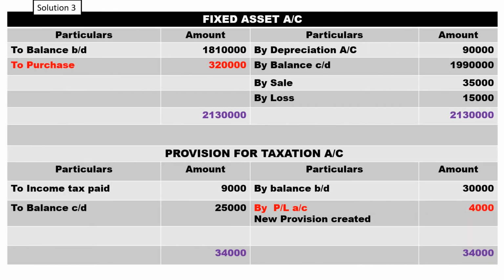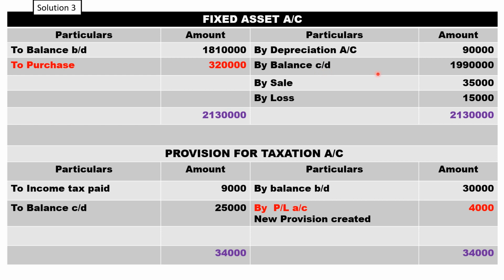Fixed asset account you need to prepare. So plant balance brought down 18 lakh 10,000. It's called opening balance. Fixed asset also includes plant, so we don't have separate plant and machinery in the balance sheet. By depreciation on fixed asset 90,000.